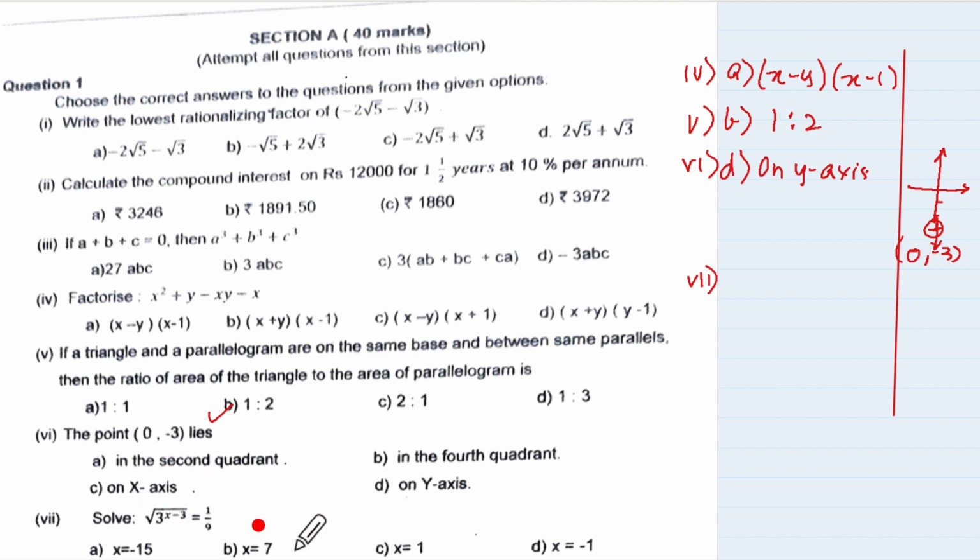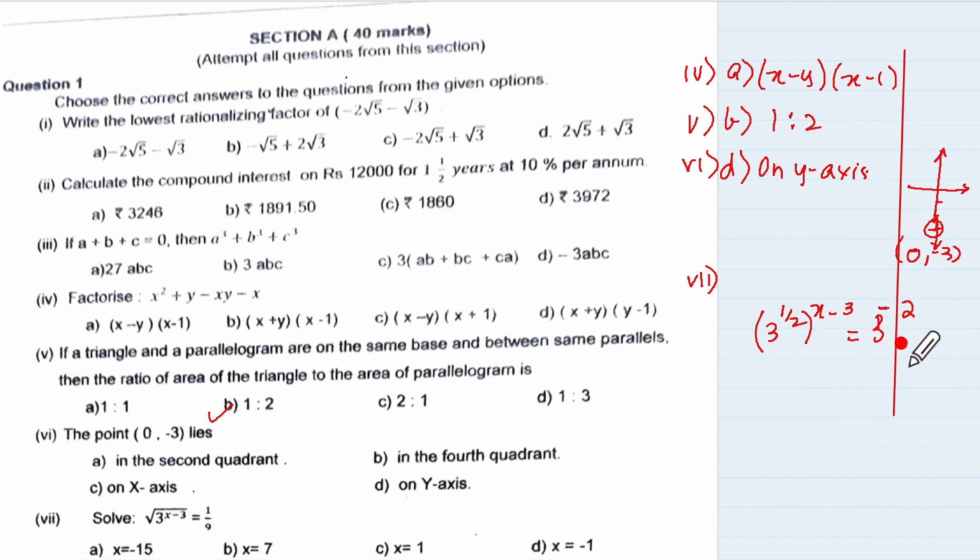Okay, now seventh one, 3 to the power or whatever. Let us work it out. Now I don't have enough space over here, so I'm just going to show this side. Okay, 3 to the power half means 3 under root. That to the power x minus 3 is equal to 1 upon 9 means 1 upon 3 square, which means 3 to the power minus 2.